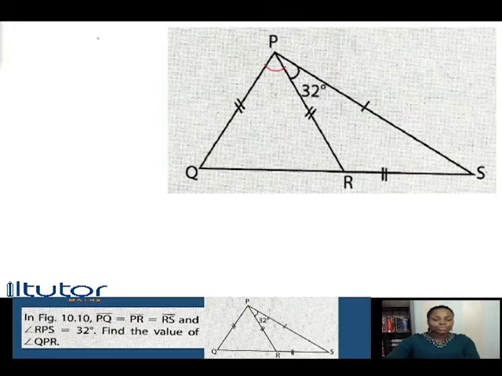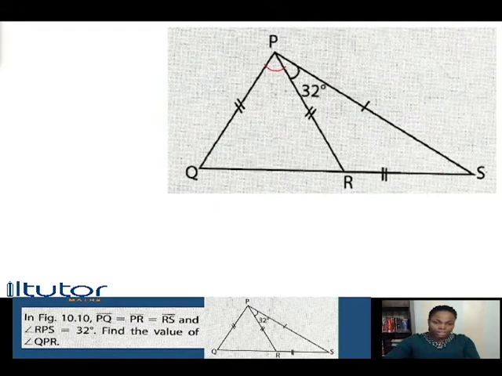Now, looking at triangle QPR, these two sides are equal. So this implies that triangle QPR is an isosceles triangle. An isosceles triangle is a triangle that has two sides equal. And this triangle PRS is also an isosceles triangle, and these are the base angles.